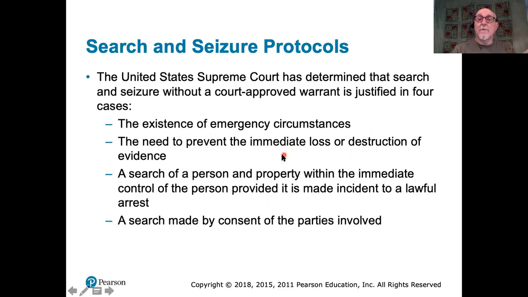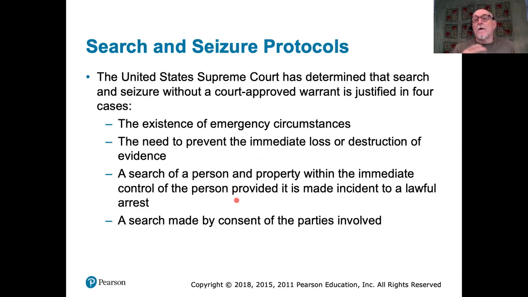They're also permitted to enter premises and seize evidence to prevent its immediate loss or its destruction. For example, if they suspect that somebody is busy shredding documents which are relevant to a crime, they can break in and stop them. This also applies, for example, at scenes of arson, where a fire is burning and there is evidence which may be lost in the fire. They are permitted to collect it.